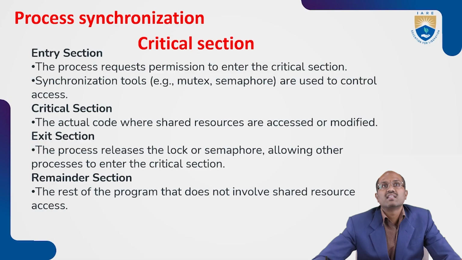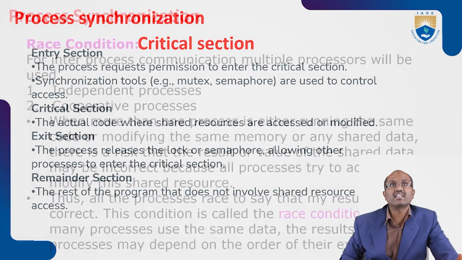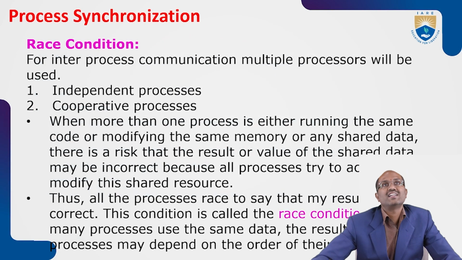The critical section is the actual code where shared resources are accessed or modified. In the exit section, the process releases the lock or semaphore, allowing other processes to enter the critical section. The rest of the program, which does not involve the shared resources, is in the remainder section. Coming to the race condition.